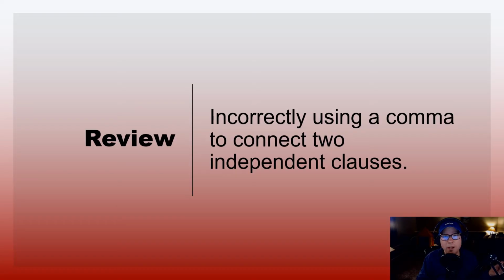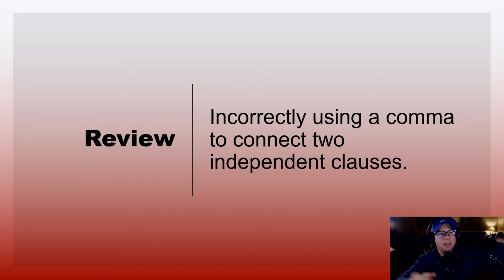Okay, so let's talk about what this is. If you are incorrectly using a comma to connect two independent clauses, we call that a comma splice. Comma splices are bad, and you can have more than two independent clauses in a sentence that have this problem, but this is where this problem initially starts.